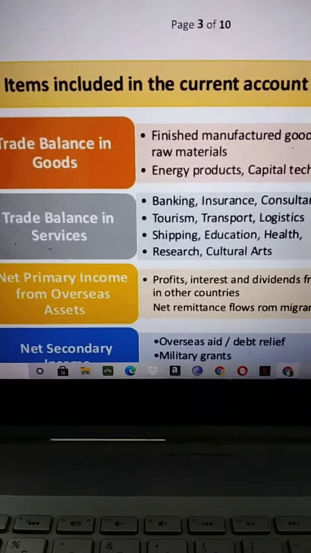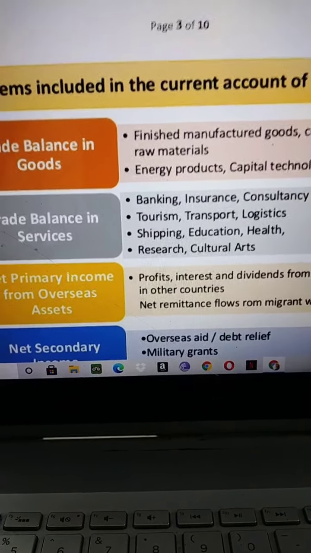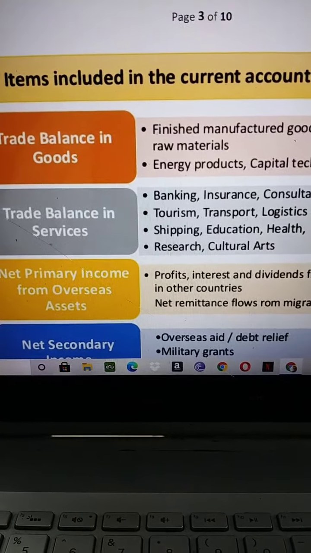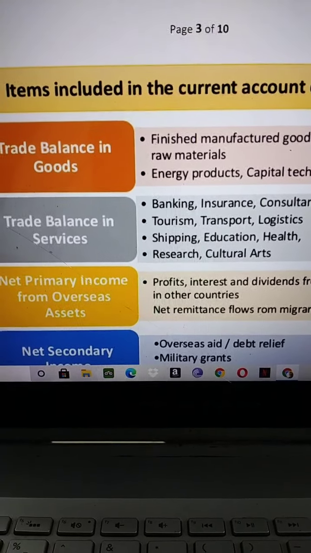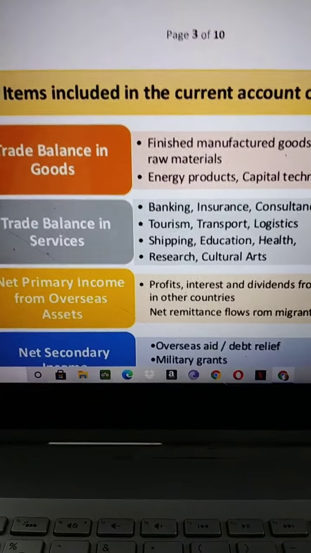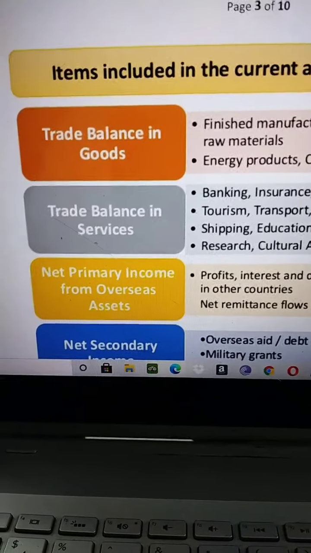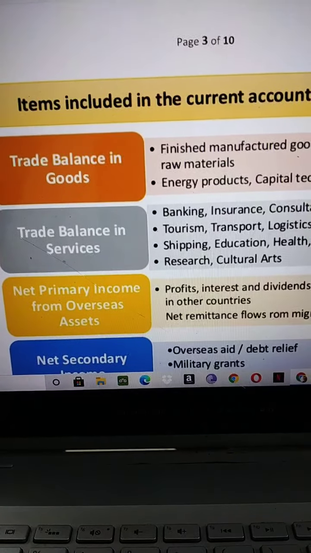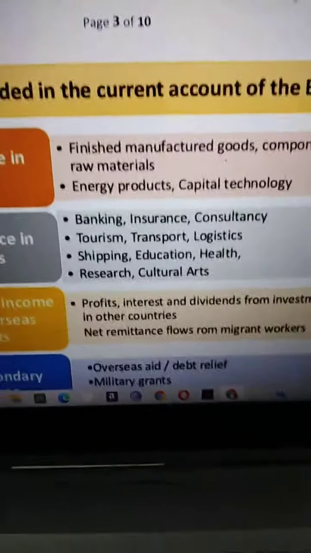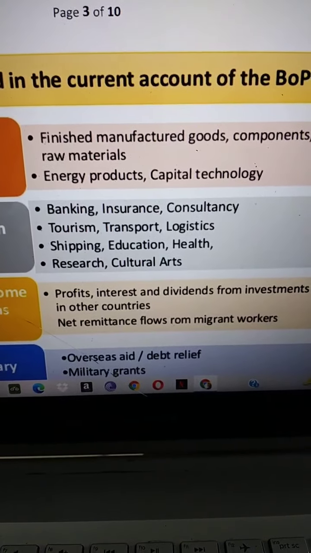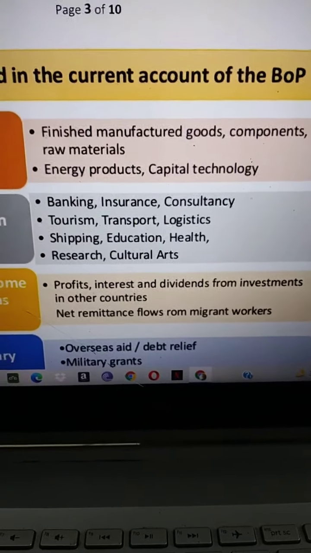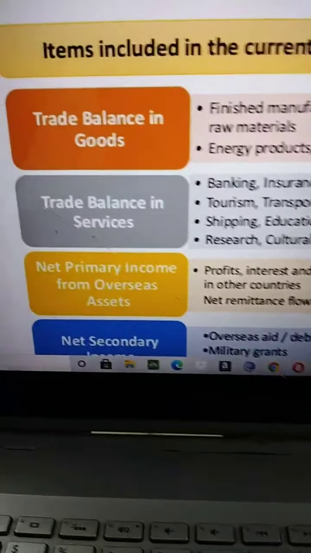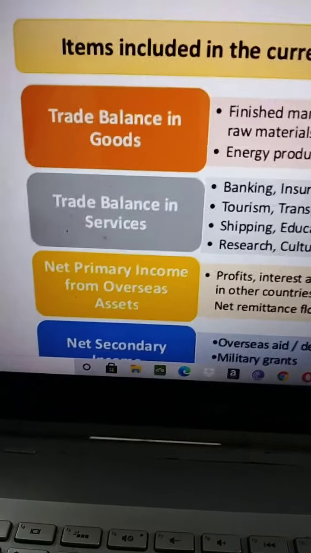So, if your exports of goods, which have physical existence, are more than the imports of goods, then this component will be in surplus. And what are the things which we include in the first component? Finished manufactured goods, components, raw materials, energy products, and capital technology. So, machinery and all those things will be part of it.